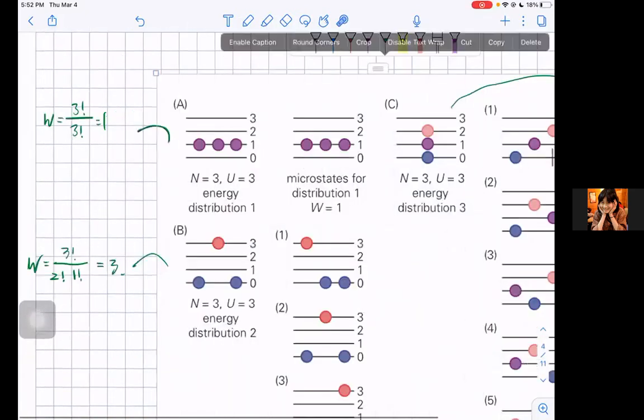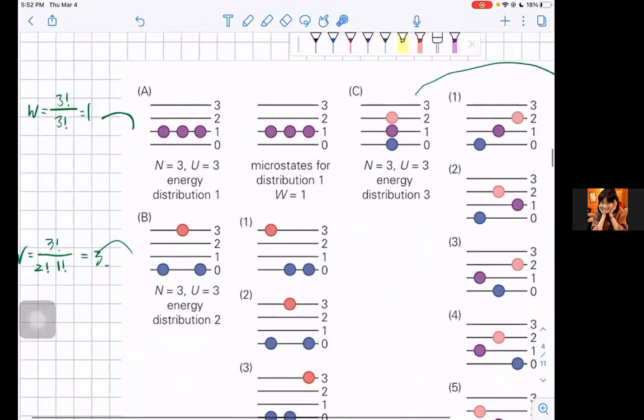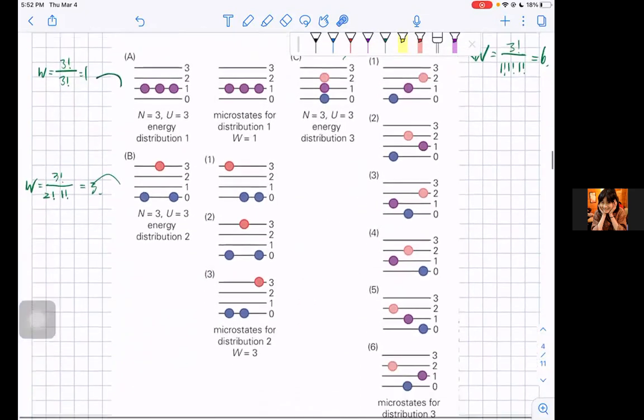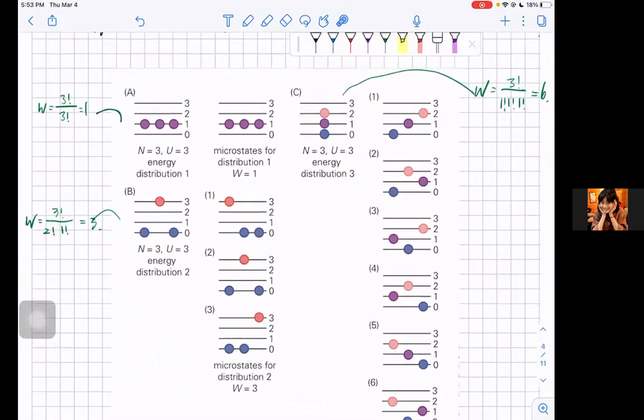We can also do a quick example of calculating the multiplicity of this energy distribution, which is 3 factorial over 3 factorial, which gives you 1. And similarly, we can calculate the multiplicity of this energy distribution and also this.